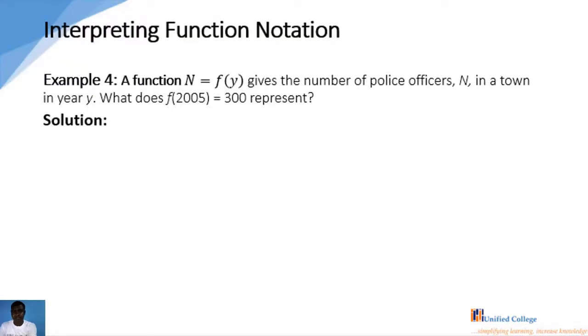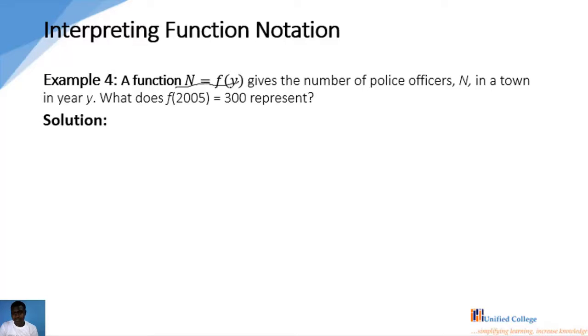Now let's look at the second example. The question says a function n equals f of y gives the number of police officers n in a town in year y.